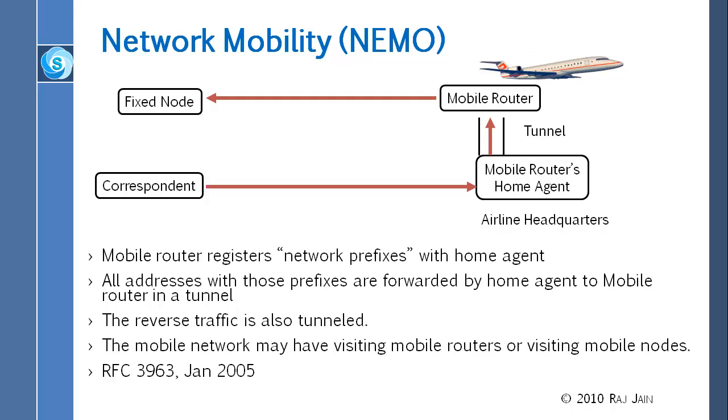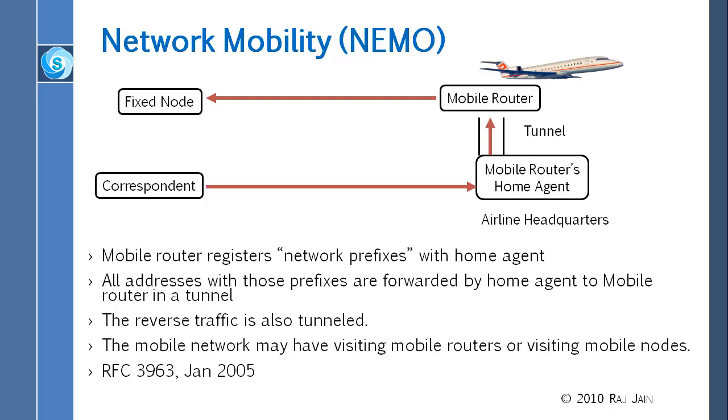That mobile router has a home agent, and so all the packets for that network are captured here at the head office and sent to Minneapolis and delivered to that router in the plane, and then from that it is easy.